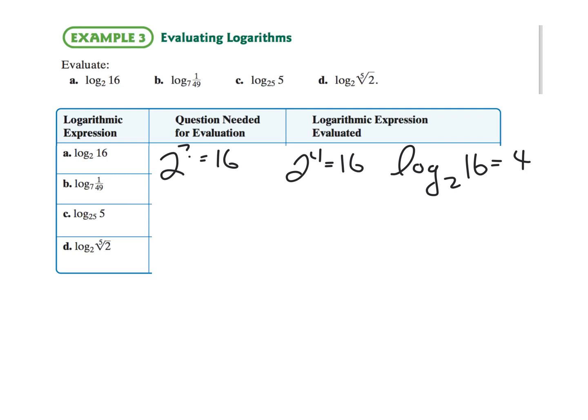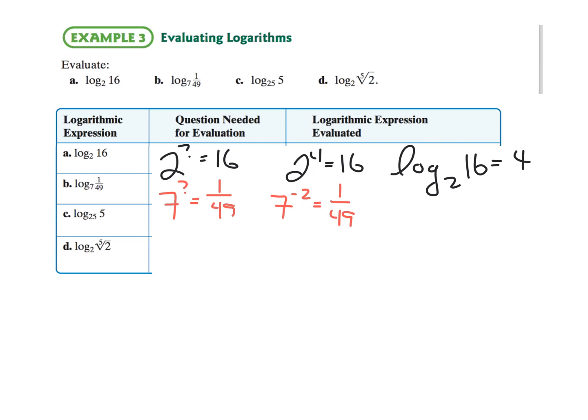A little bit differently, log base 7 of 1 over 49 basically says, 7 to what power is equal to 1/49th? Well, we know 7 squared is equal to 49, so this tells us that 7 to the negative 2nd power is equal to 1 over 49.